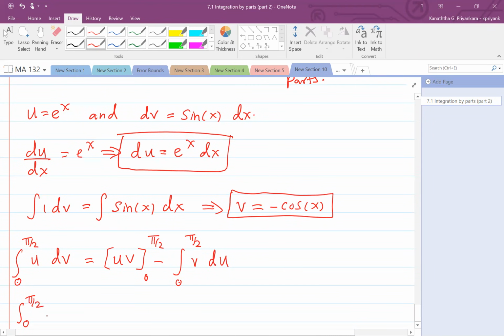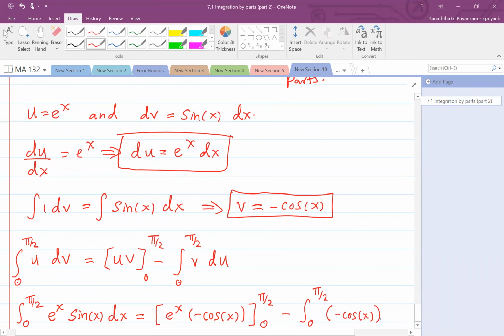So u is e to the power x times dv, which is sine x dx, equals u, which is e to the power x, times v, which is negative cosine x, evaluated from 0 to pi over 2, minus the integral from 0 to pi over 2 of v, which is negative cosine x, times du, which is e to the power x dx.